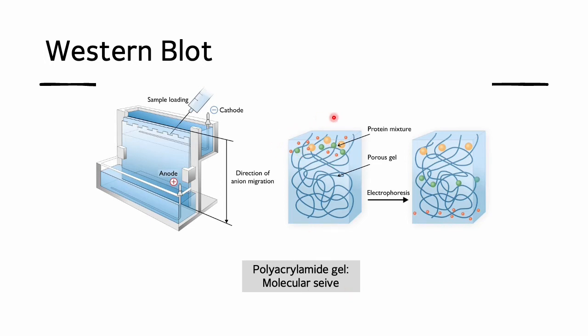When there is a protein mixture here, it's like a molecular sieve, so the small protein can pass through the gel faster than the bigger protein. So this polyacrylamide gel works as a molecular sieve and helps separate the protein mixture according to size.